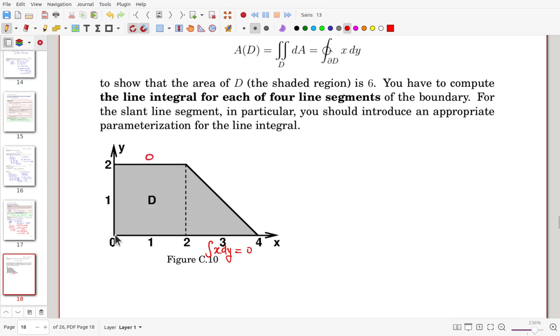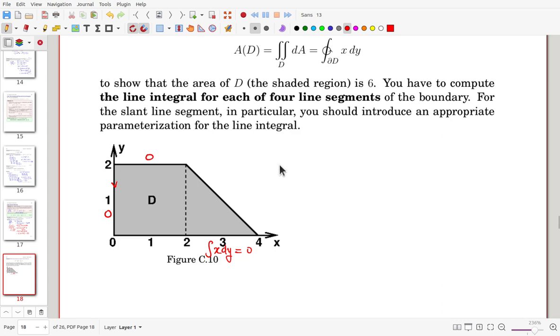Now x is 0 along this one, but y is changing from 2 to 0, so the change in y is minus 2, but since x is 0, there is no contribution. Only from here can you get a non-trivial value. In fact, the area of this region is 6, so the line integral along this line segment must be 6.